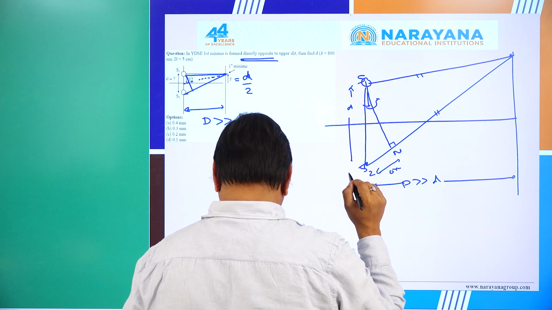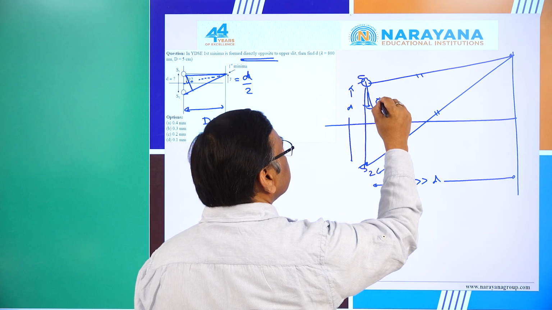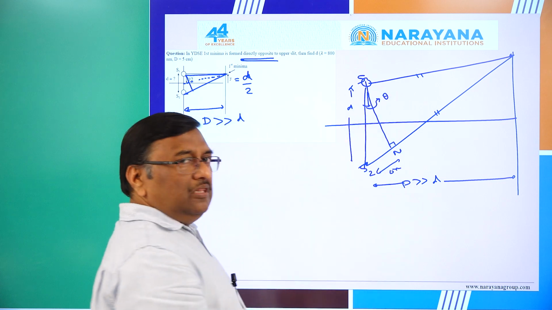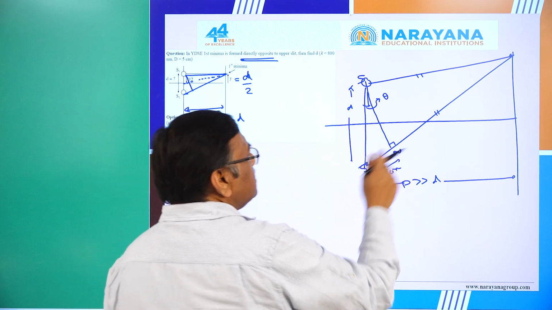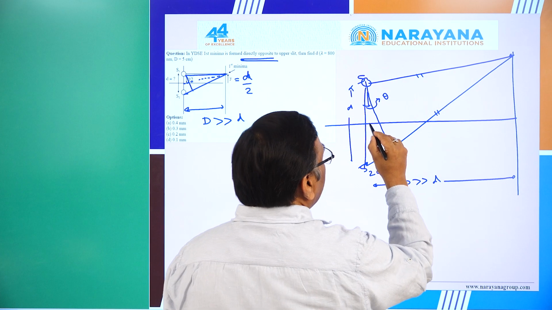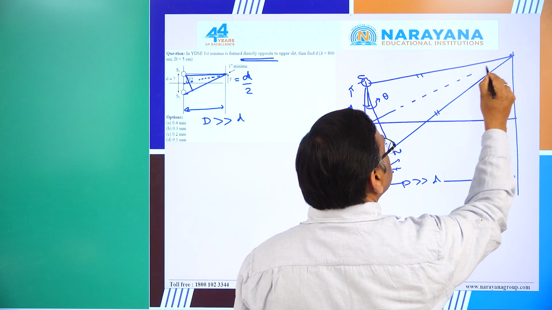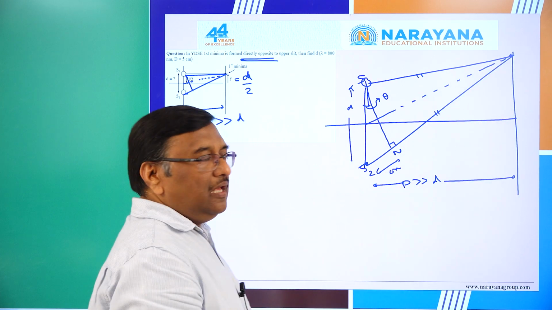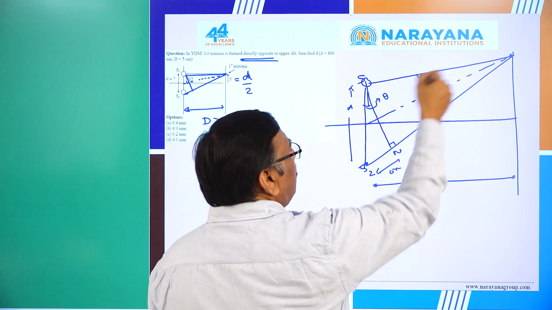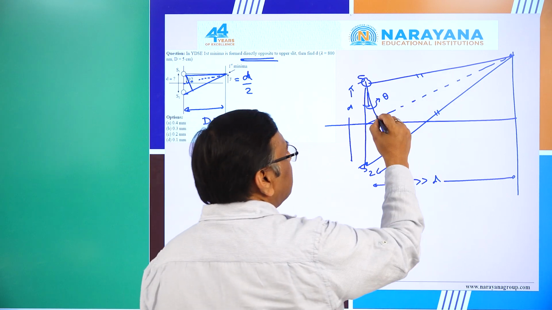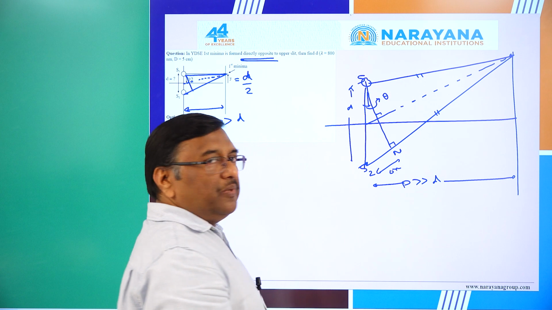Now what we have to see here, if this angle is theta, then one thing we have to be careful. Since this distance is very long and I join this point here in this manner, these lines being almost parallel, if this is 90 degree, we can say this angle is also going to be 90 degrees.